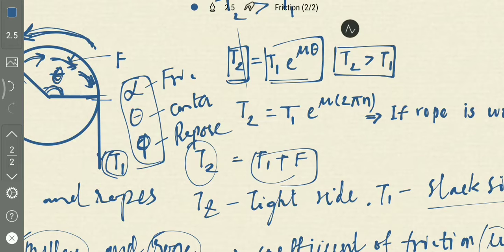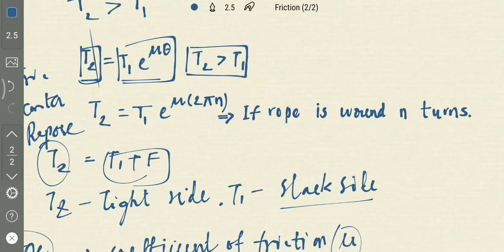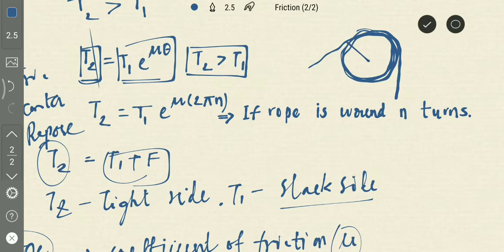So T2 is T1 into e power mu theta, and if the rope is wound n times, which means there is a pulley like this and the rope is wound n times, this is 1 turn, 2 turn, 3 turn, 4 turn, and like this n turns, and this is angle theta.